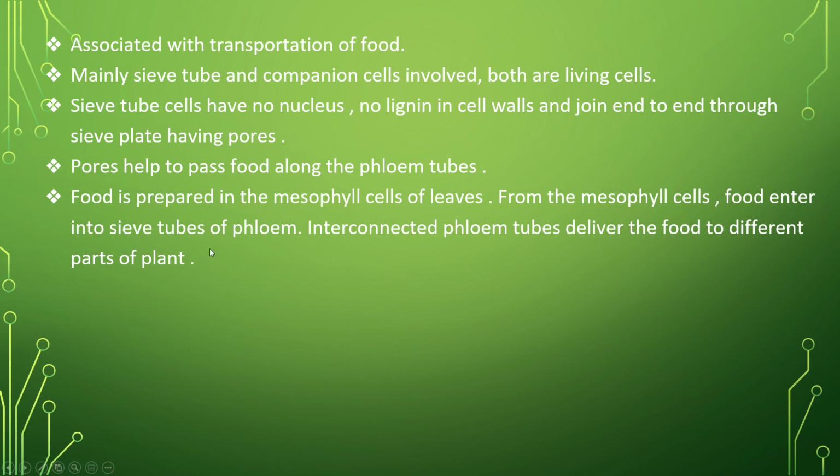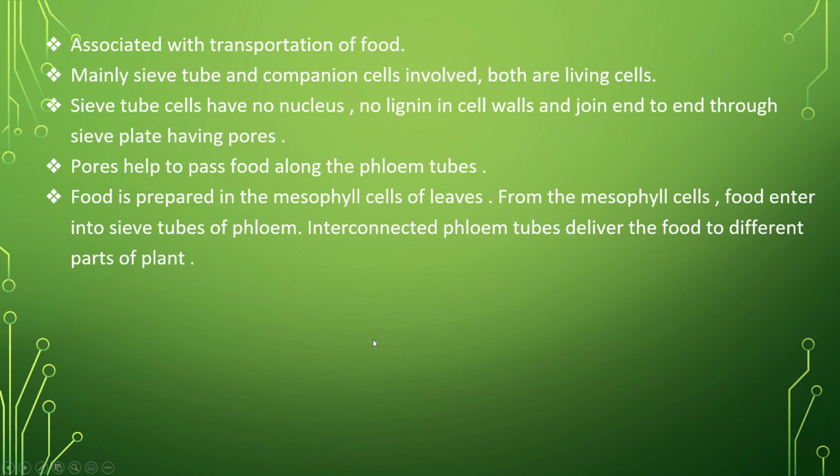And food is prepared in the mesophyll cells of the leaves. Within the leaves there are different types of cells which are called mesophyll cells, in which chlorophyll is present, and because of this chlorophyll photosynthesis occurs within the mesophyll cells, and after photosynthesis the carbohydrate food is prepared.